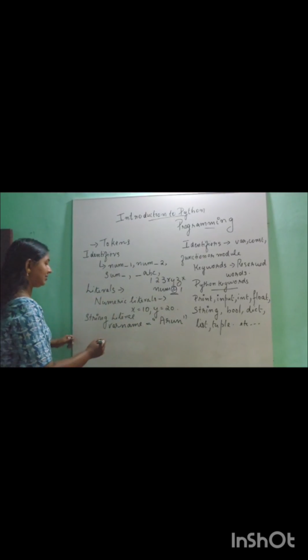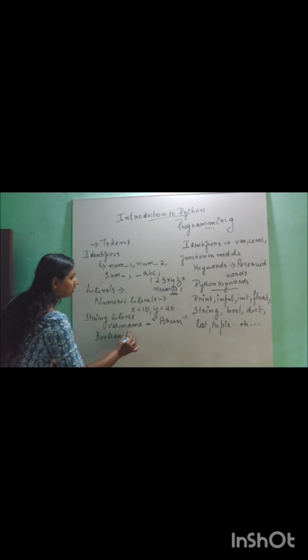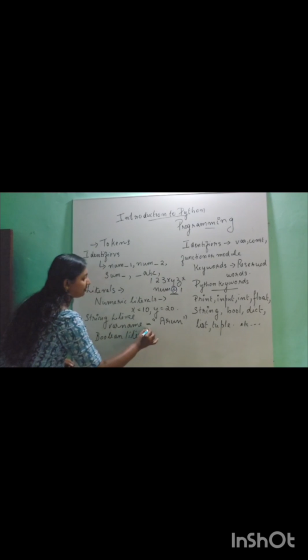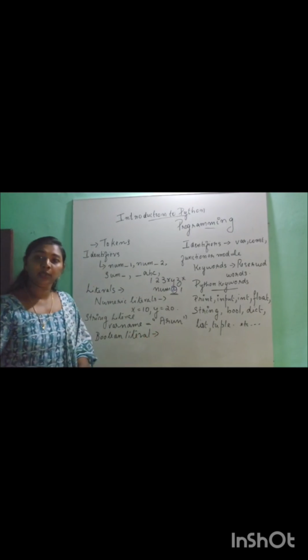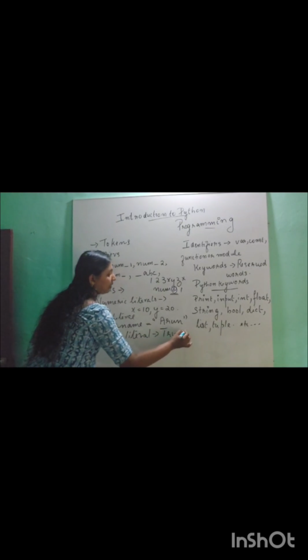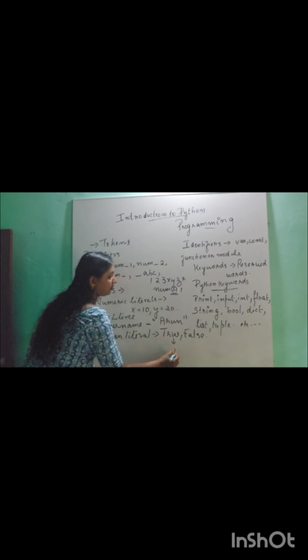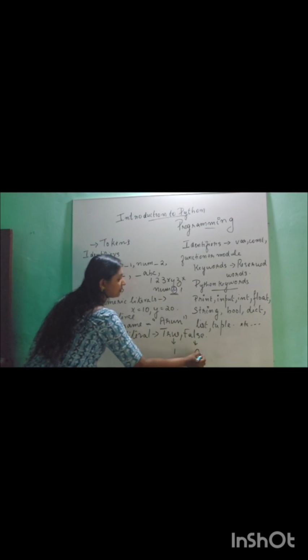The next literal is the Boolean literal. For Boolean you have two values, that is true and false. True means 1 and false means 0.